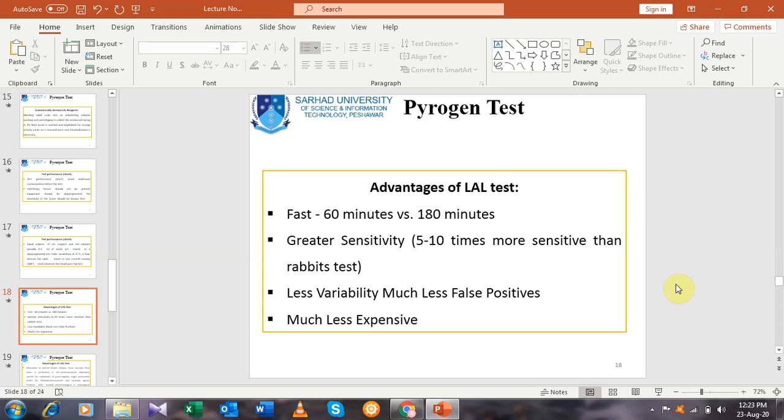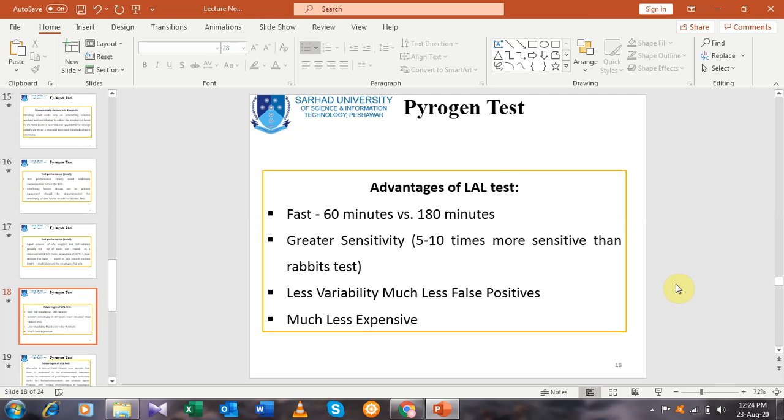We will discuss the advantages of the LAL test as compared to the first test that we performed, that is the in vivo testing, the rabbit test, and the second test, the LAL test, which is also termed in vitro testing of the pyrogen.